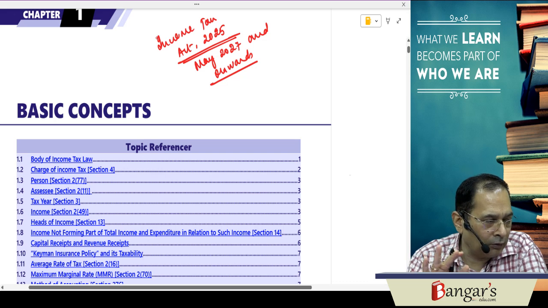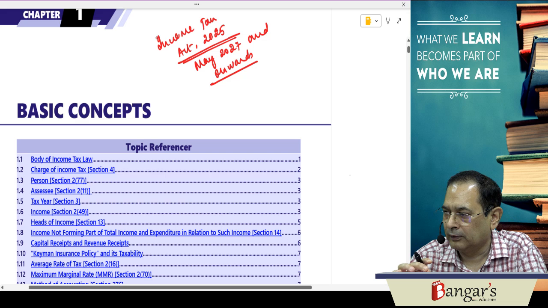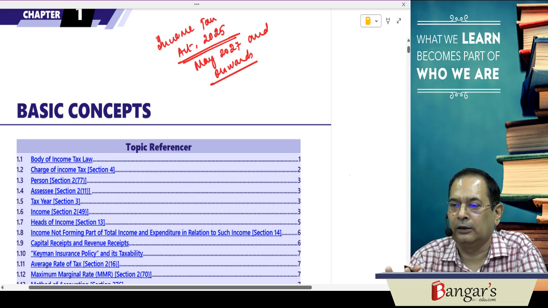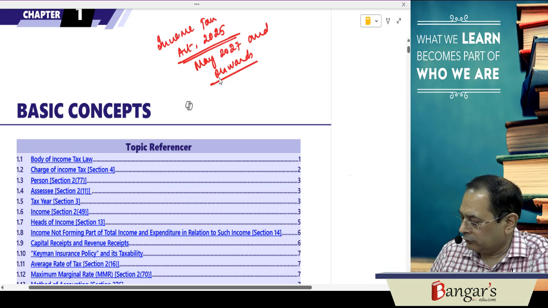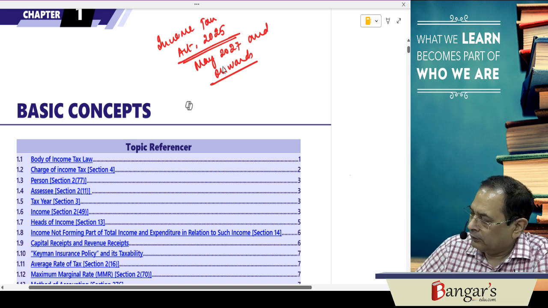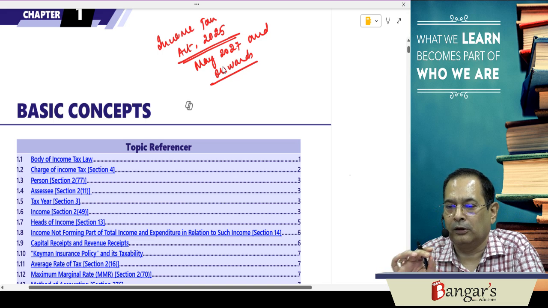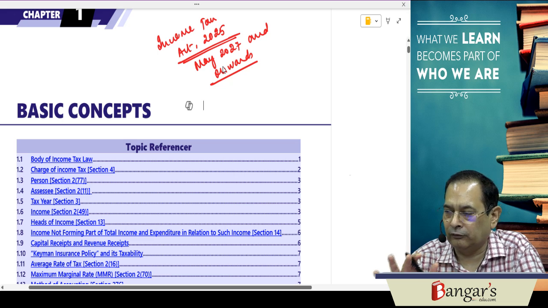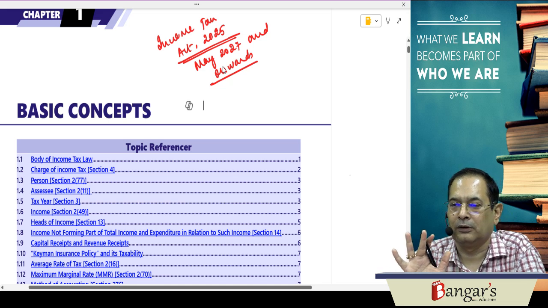In case you have already gone through the Income Tax Act 1961, then you won't be finding very much difficulty in understanding the Income Tax Act 2025, because they have made changes in the sections, they have made drafting changes, but the conceptual aspects remain the same.